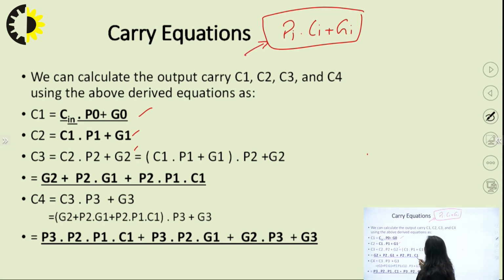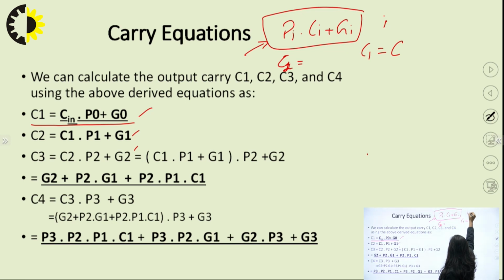If I put the value for Ci as 1, what will the equation be? We are calculating 1 from the previous digit, which is digit 0. So here we have C1 is equal to Cin dot P0 plus G0. We are just putting the value from here.